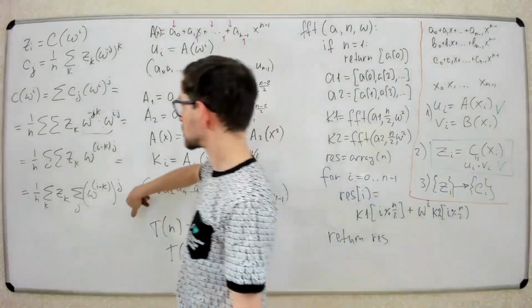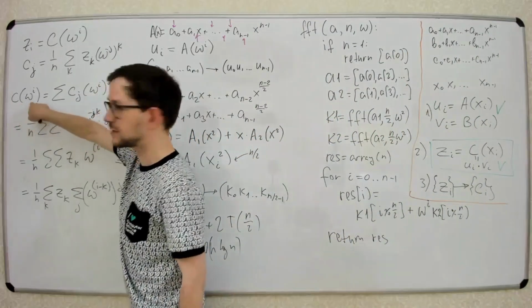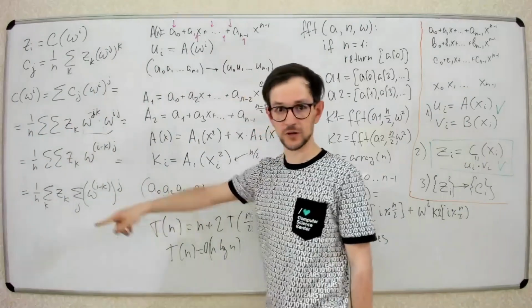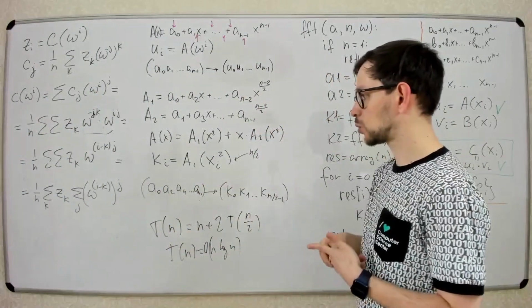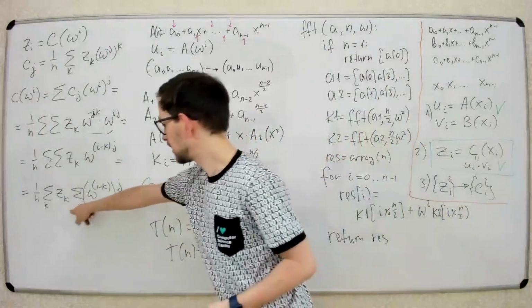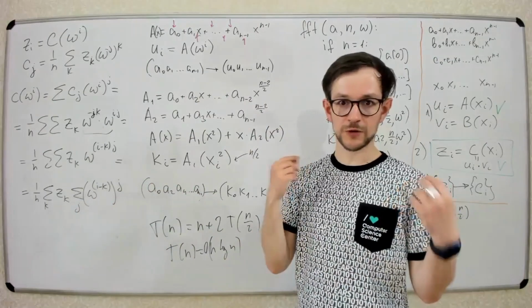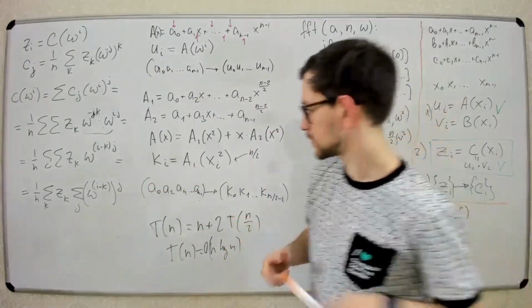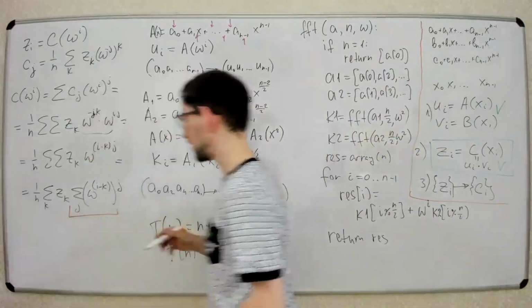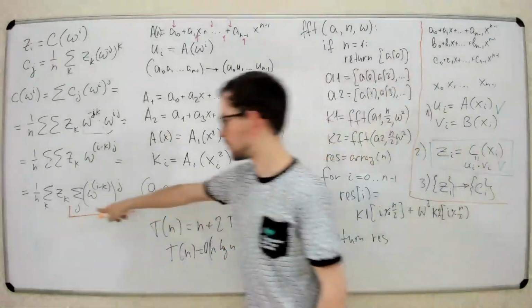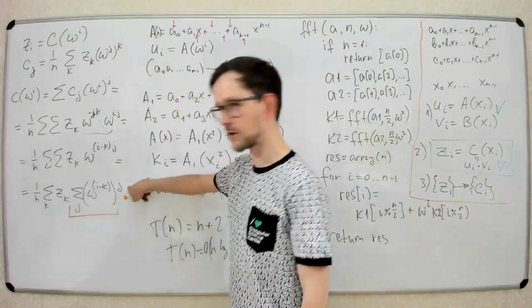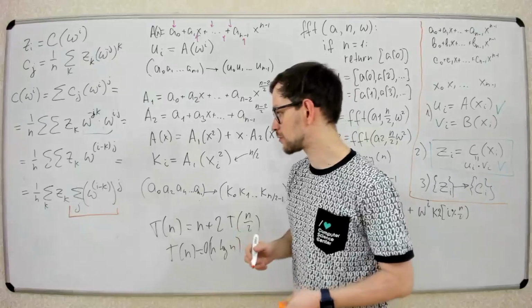So again, I just calculated the value of polynomial c at some point, and this is the value. Now what do we see? This thing is the sum of a geometrical progression. I have a sum of something in power j. So what is the sum of a geometrical progression?